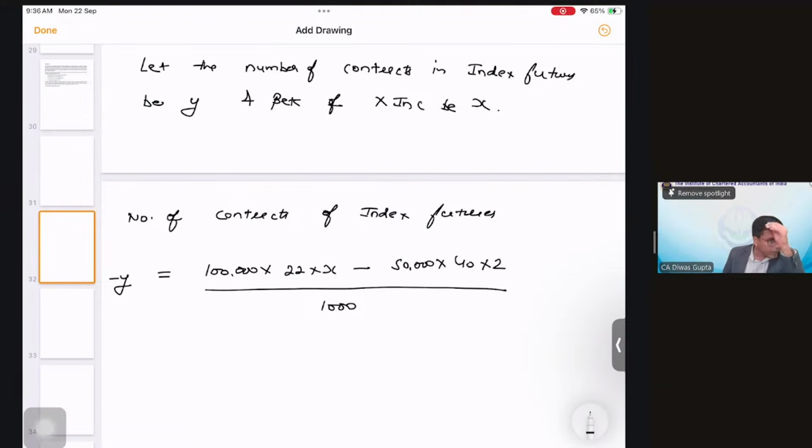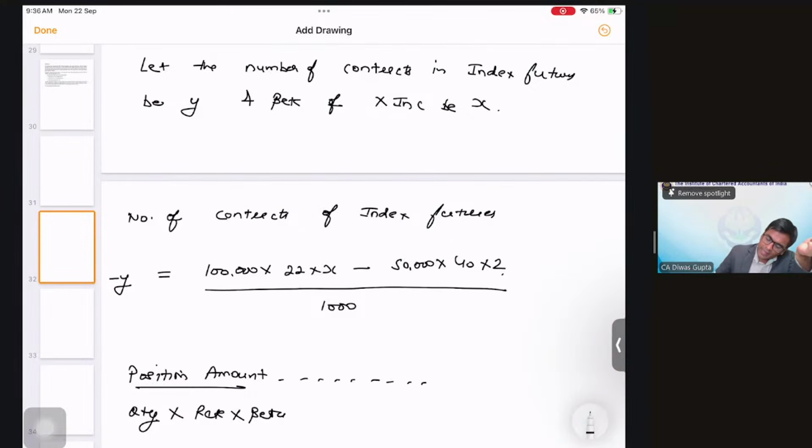Okay, so why are we multiplying with beta, the respective positions? Because you are hedging against the index. So what you are doing, you are taking the position amount, which is quantity, rate, beta, and then you are trying to see how many index futures can help you protect against it, right?